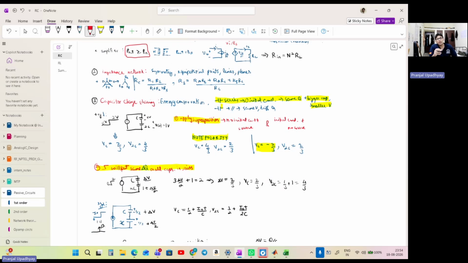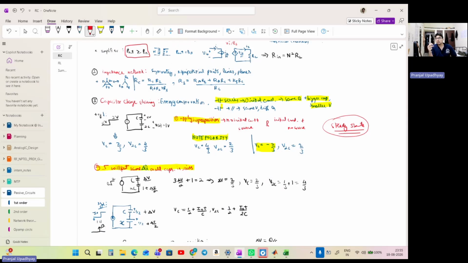What we want to find is the steady state voltage across these two caps. Again, it's very important to define what steady state is. We all know that we usually talk about steady state values at infinite time, but it's important to mention that steady state also means the circuit is not undergoing any dynamics, that is, the current is steady, or current might be zero, or the voltages are steady.